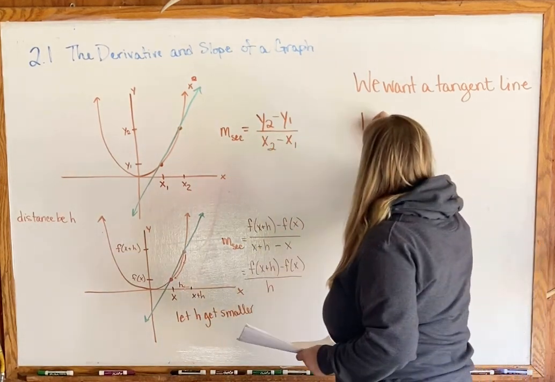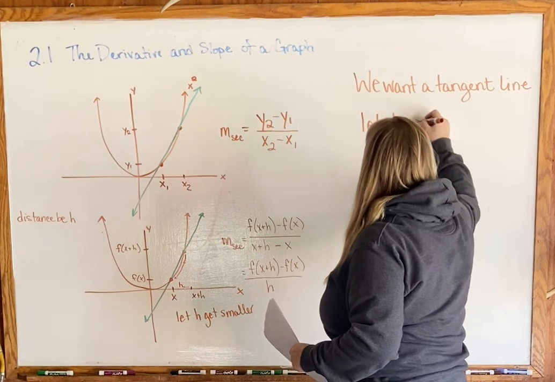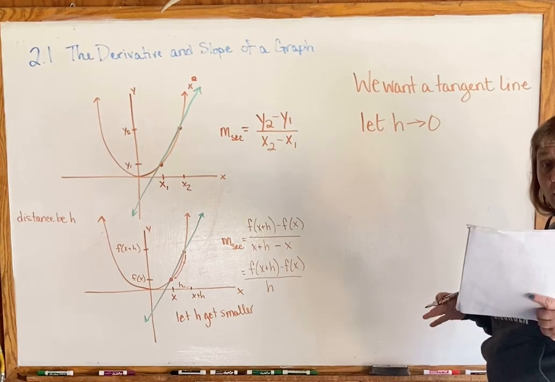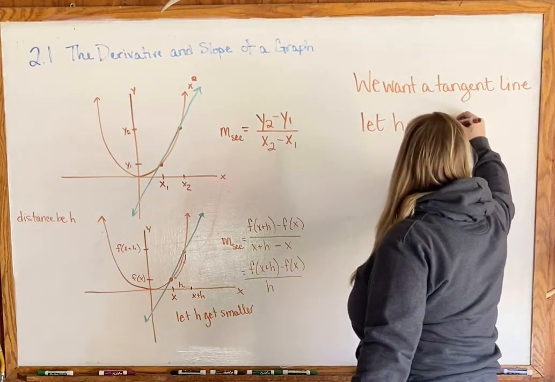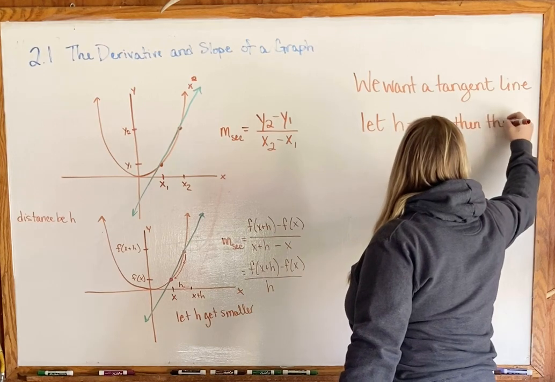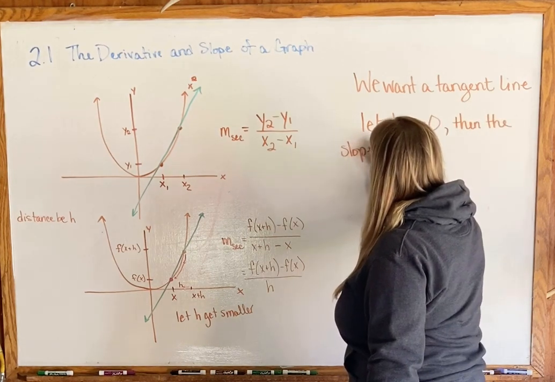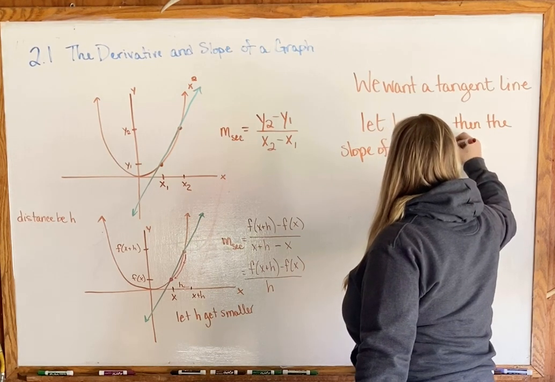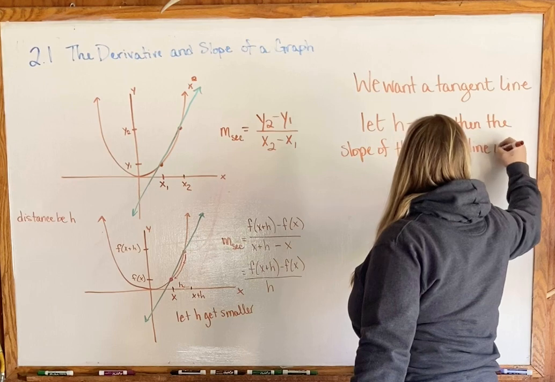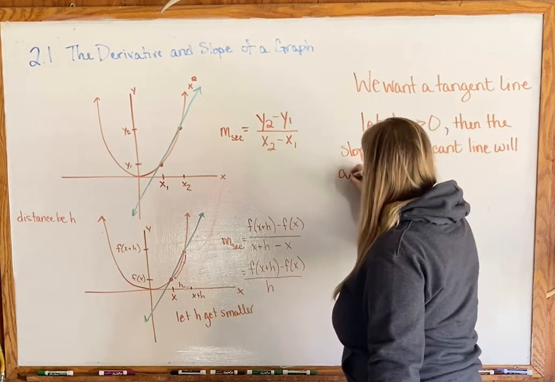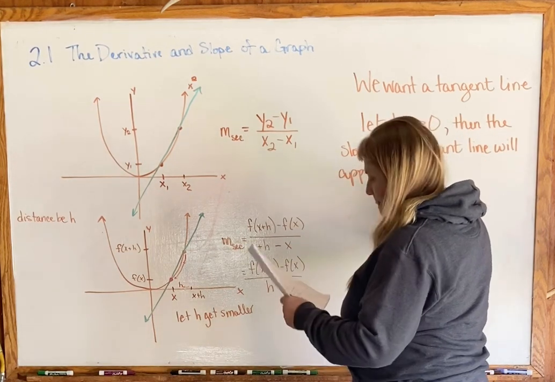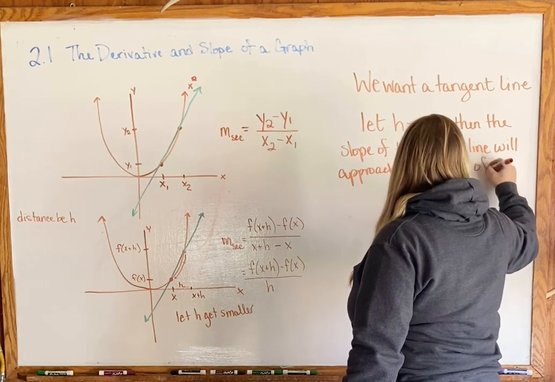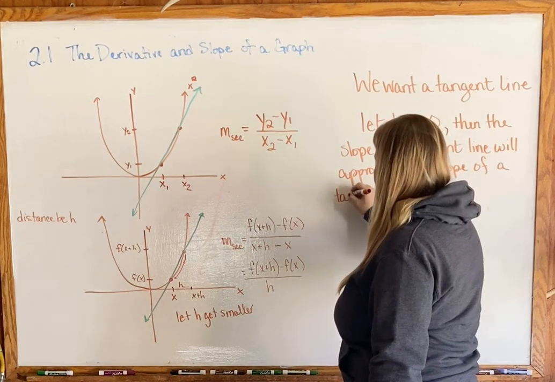Now, if we let h approach 0, is that looking kind of like a limit going on there? Then the slope of the secant line will approach the slope of a tangent line.